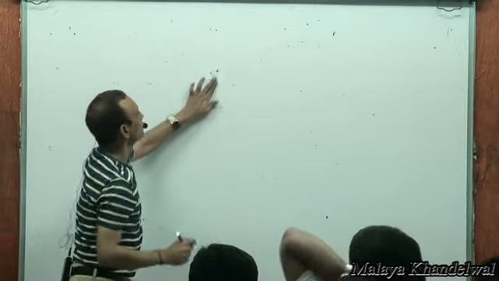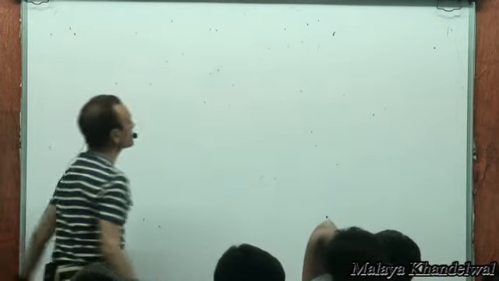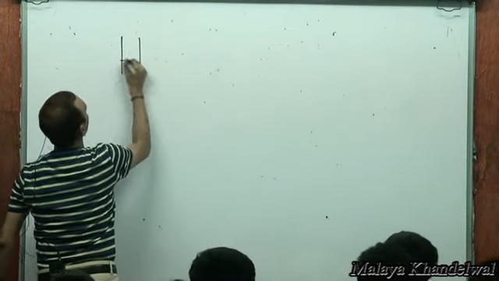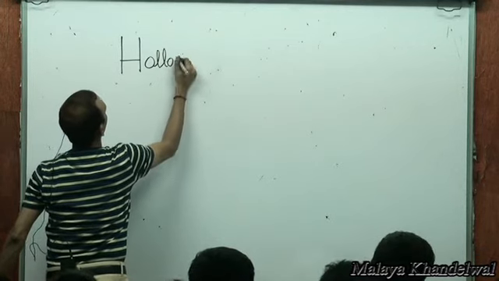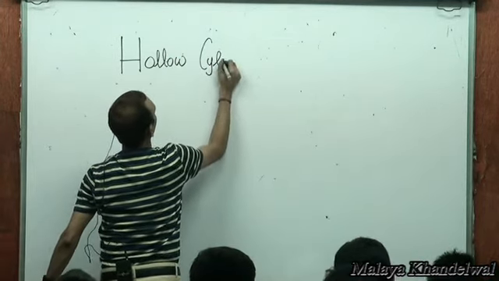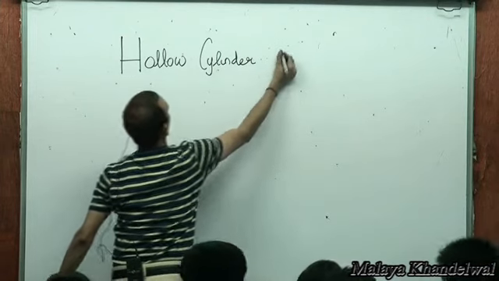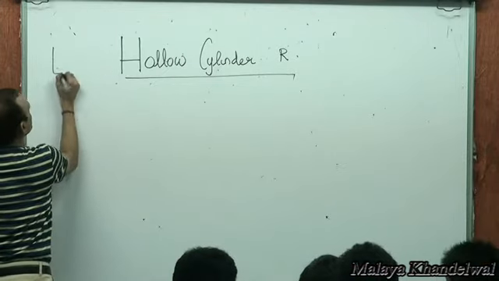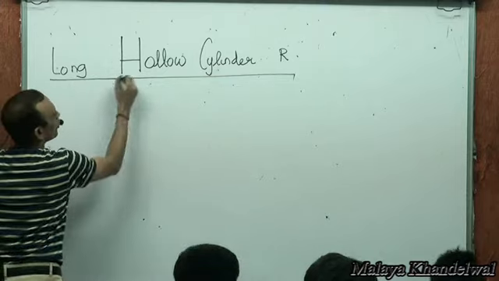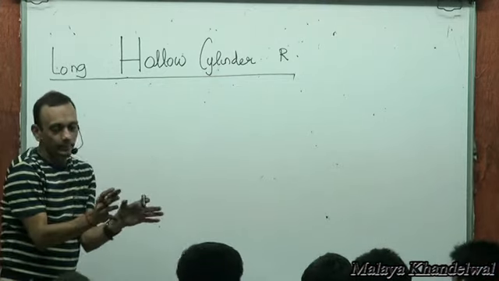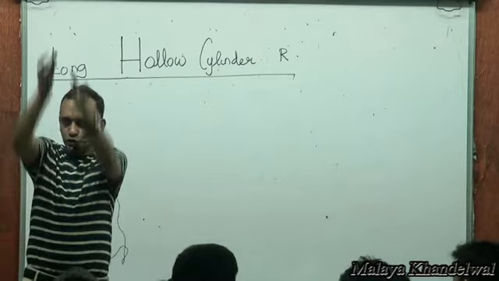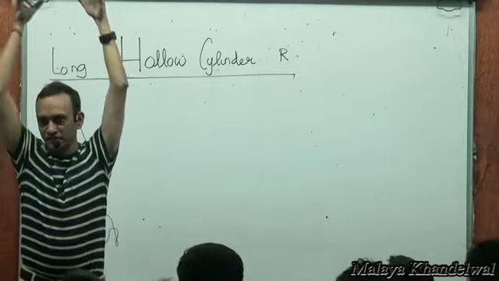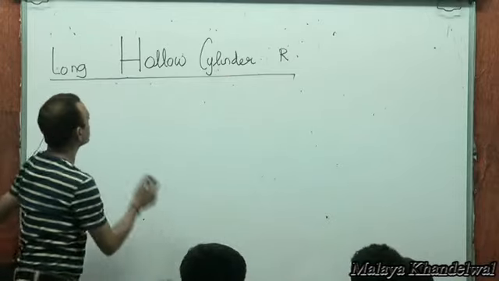Now, notice, suppose I have a hollow cylinder of radius R, infinitely long hollow cylinder, and it's carrying current longitudinally along its surface. It's carrying a current I longitudinally along its curved surface, parallel to its length, right?